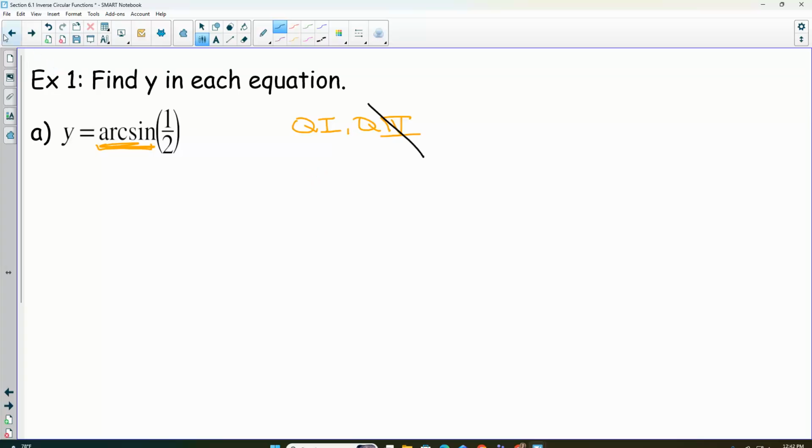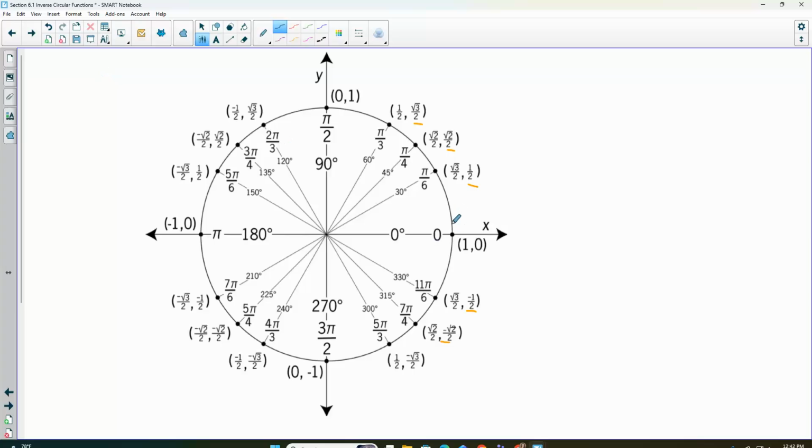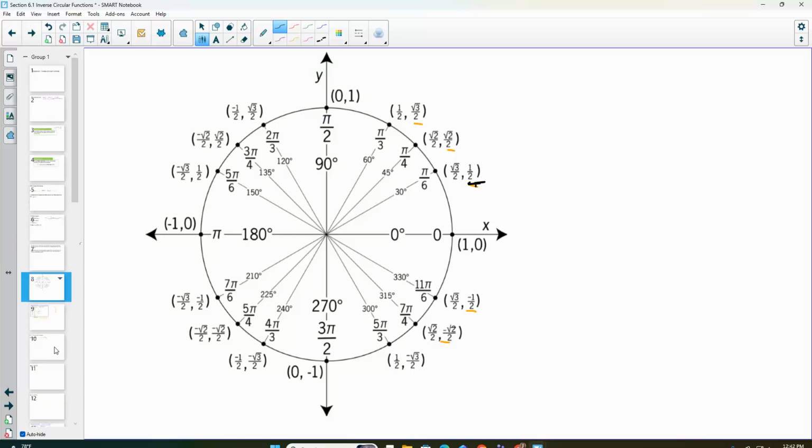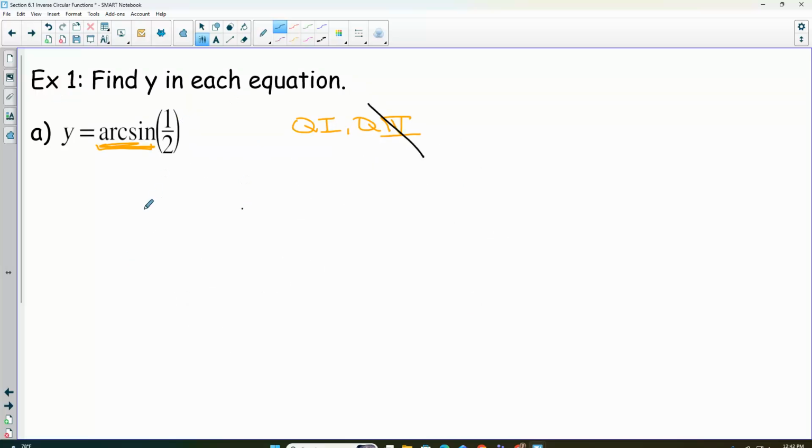If you are thinking about your unit circle, I know I'm looking for sine 1/2, it's right here. Or you can think about your hand trick. When is sine 1/2? I didn't specify degrees or radians. Normally I would, so if I were in degrees, I would say 30 degrees. If I were in radians, I would say π/6.